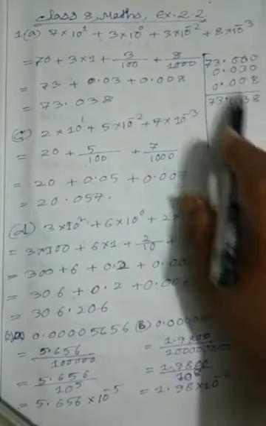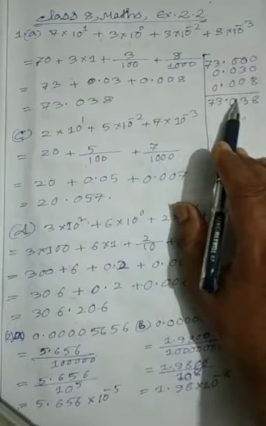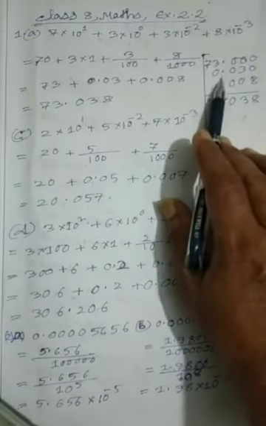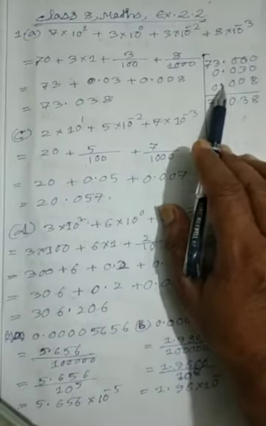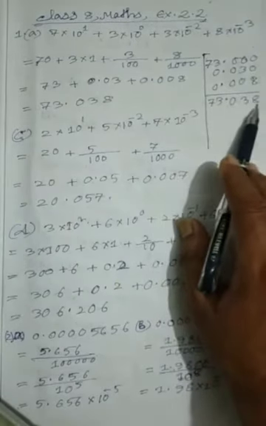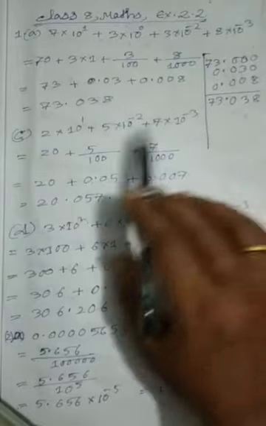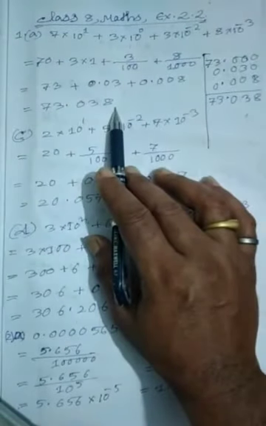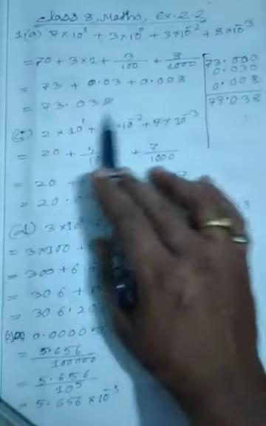Now you add it. In case of addition and subtraction, all points should be on the same column. Now add it, you will get 73.038. So the answer is 73.038. So this is converted to a decimal number.